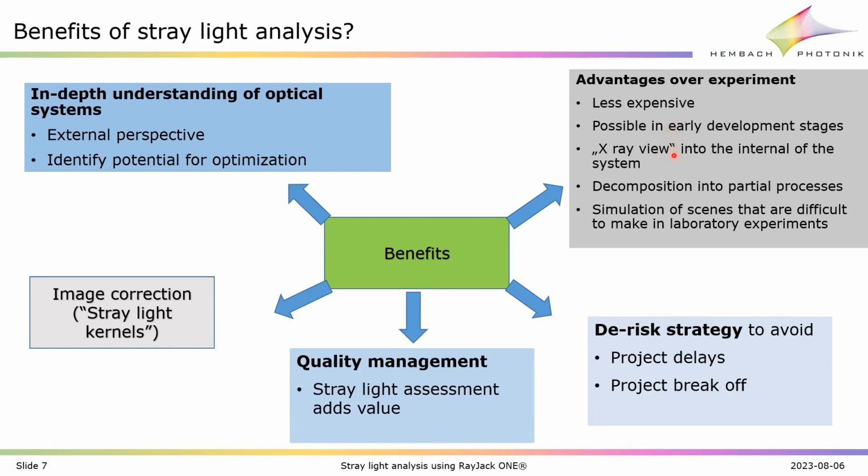And you can look into the system just like when you use X-rays. You can decompose the total Straylight into partial processes, which is very important for understanding. And you can simulate scenes that are difficult to make in laboratory experiments.